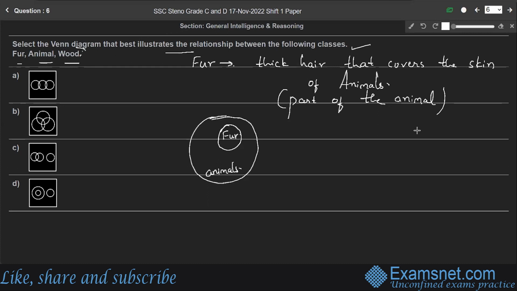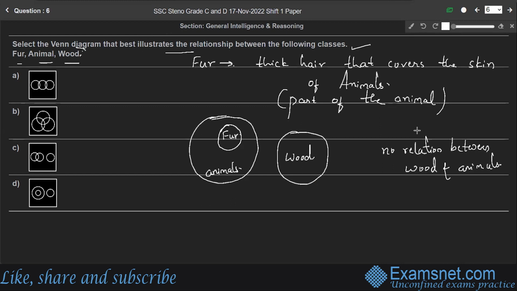There is no relation between wood and animals, even between wood and fur. Therefore, the set of wood should be excluded from the remaining two sets.